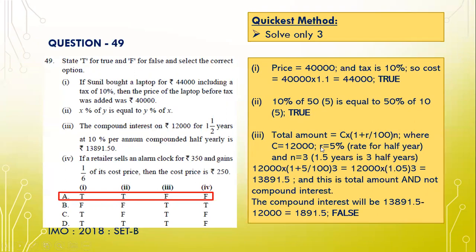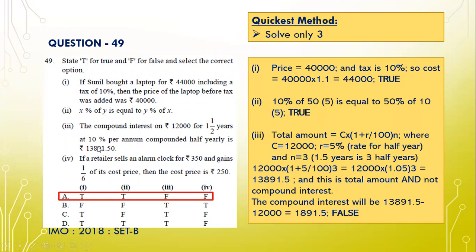And 3, compound interest on 12,000 for 1.5 years at 10% per annum, compounded half yearly, is 13,891.50. Notice it is compound interest. If it was amount, then it may have been true, because 13,891.50 is greater than 12,000. But compound interest means, even by looking at the question, it seems false, isn't it?